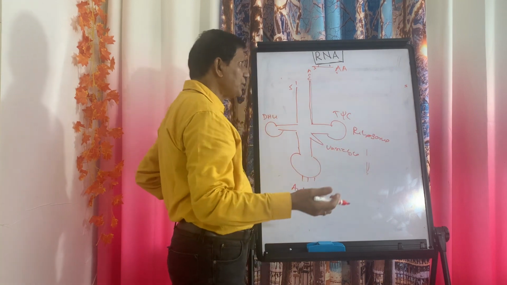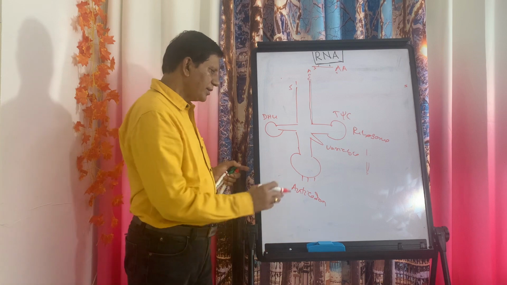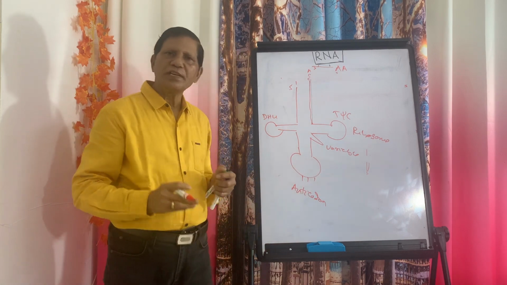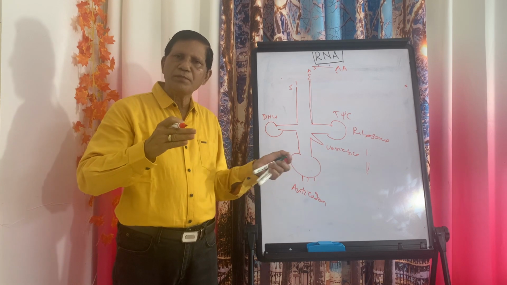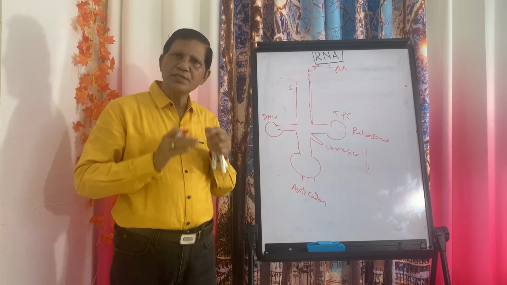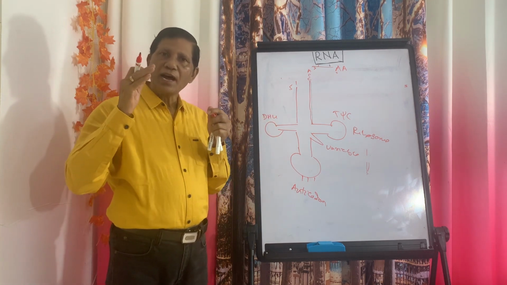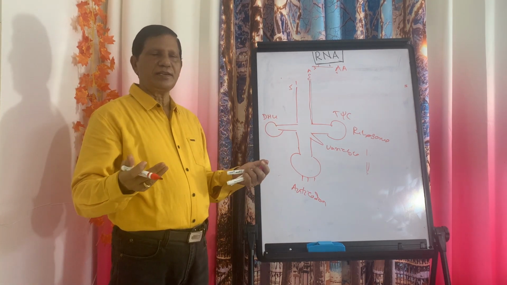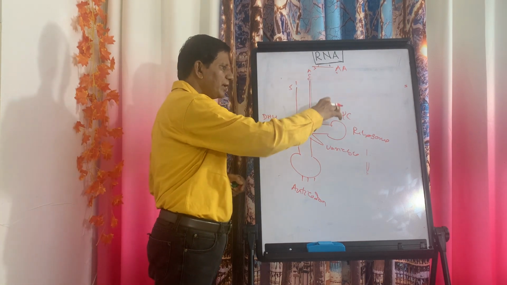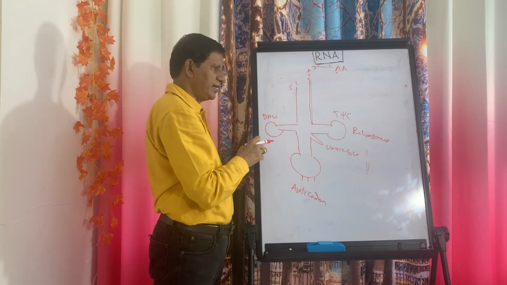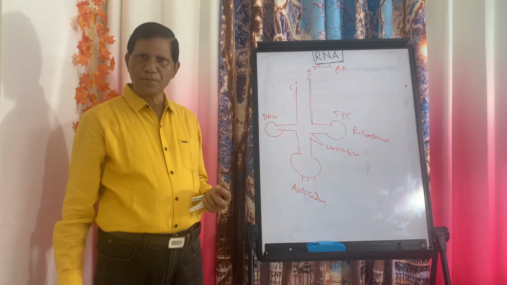To which ribosome the amino acid will go will be recognized there. The anticodon loop recognizes the codon, because the codon of mRNA and the anticodon of tRNA pair with each other. And the DHU loop is the amino acid recognition site. It recognizes which amino acid will be attached. That means there are 4 loops and 4 reaction centers. And the function of the variable loop is not known.